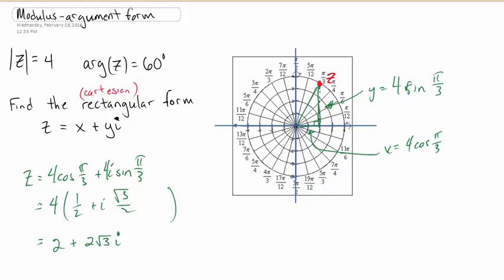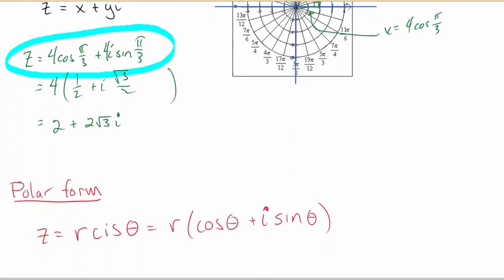Now, the modulus argument form of a complex number involves the modulus and the argument. Go figure. Well, that's like what we have right here. And there's a simplified form for this.